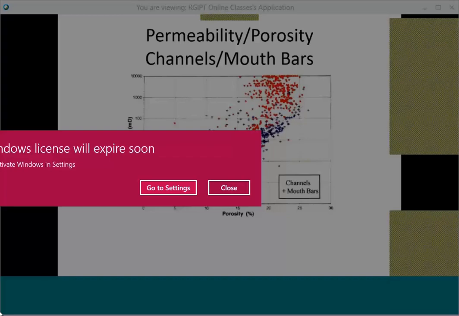Now, many times, particularly when you are looking at permeability, it's very difficult to assign values for permeability or any distribution.